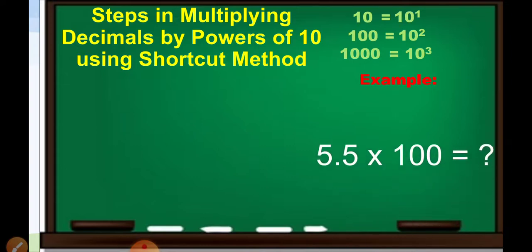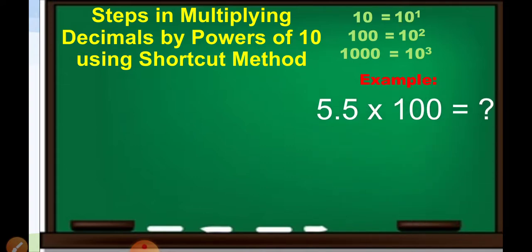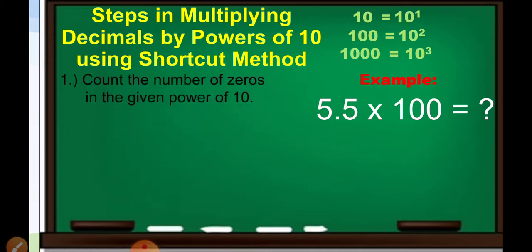So example, let us use the given in the word problem. 5.5 times 100 equals n. So the first step, count the number of zeros on the given power of 10. So the given power of 10 is 100. So how many zeros are there in 100? There are 2 zeros, right?